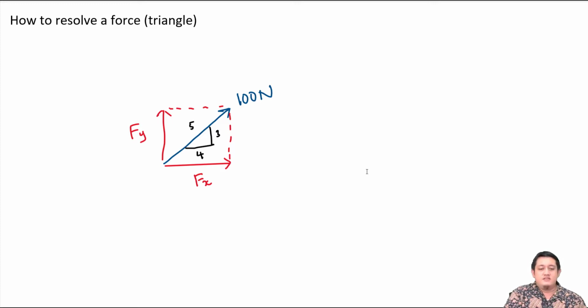So first, let's say we want to find Fx. You write down Fx. So what is the force that we want to resolve? Which is 100 Newton. So you write down 100 Newton. Then what you need to do is multiply this 100 with something.